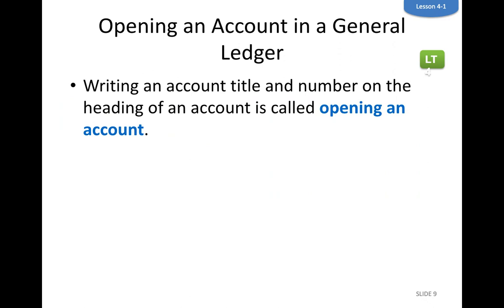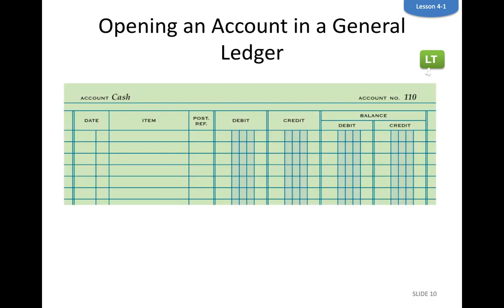So opening an account in a general ledger is basically like starting a new account form. This is an example of an account form for our account cash. You label it with cash up there, and then we write the account number 110, which comes from our chart of accounts.